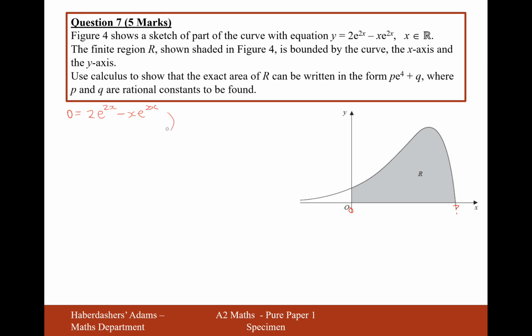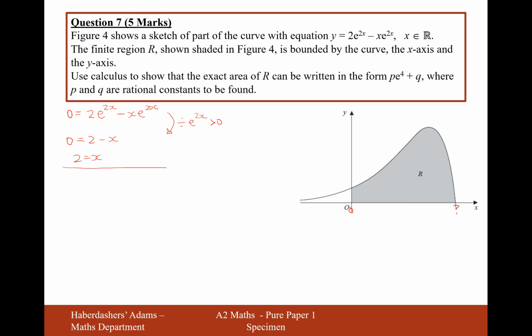Now with exponentials, they're pretty good because you can divide by them. Not many algebraic things you can divide by, but we know that e to the 2x is always greater than 0, so we can always divide by it. So therefore 2 is equal to x. So I now know that my integration is going to be in between 2 to 0.